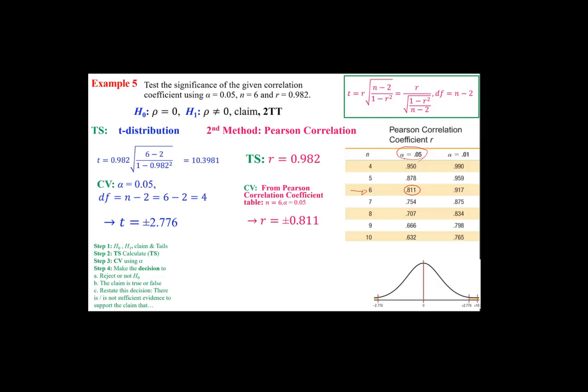You're going to reject if you use the t-distribution, class. I hope it's clear. Look at the second method. The numbers we got as critical values are 0.811 and negative 0.811. The test statistic is 0.982, class. It's way into the rejection region, everybody. So I hope that's clear.